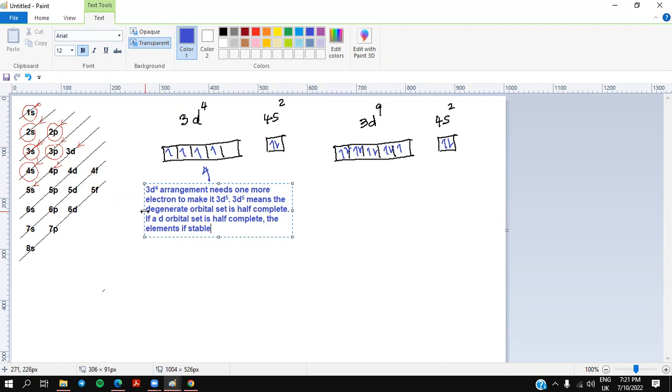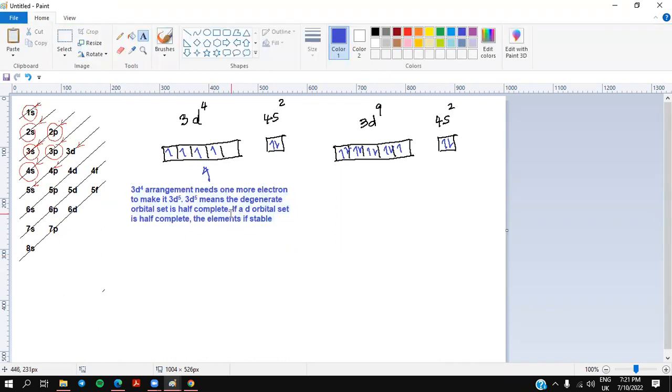We have 3d4, and what I'm telling is that a 3d4 arrangement needs one more electron to make it 3d5. 3d5 means the degenerate orbital set is half complete. If a d orbital set is half complete, the element is stable.